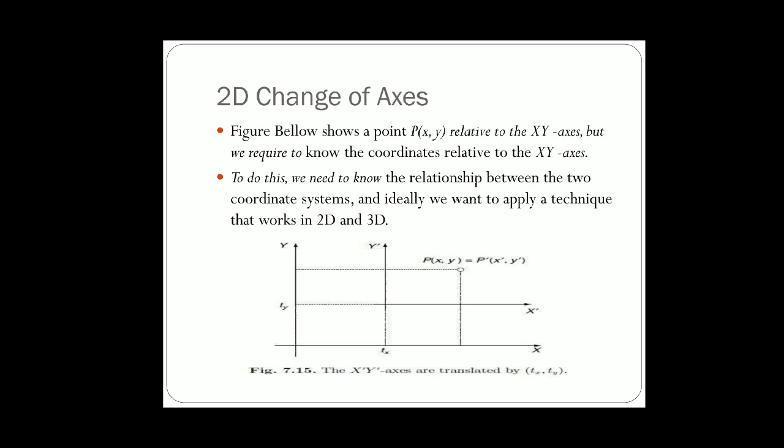See here, P of x comma y is equal to P dash x dash comma y dash, where x dash is parallel to x, and y dash is parallel to y. So this is basically an operation carried out over the x and y axis.